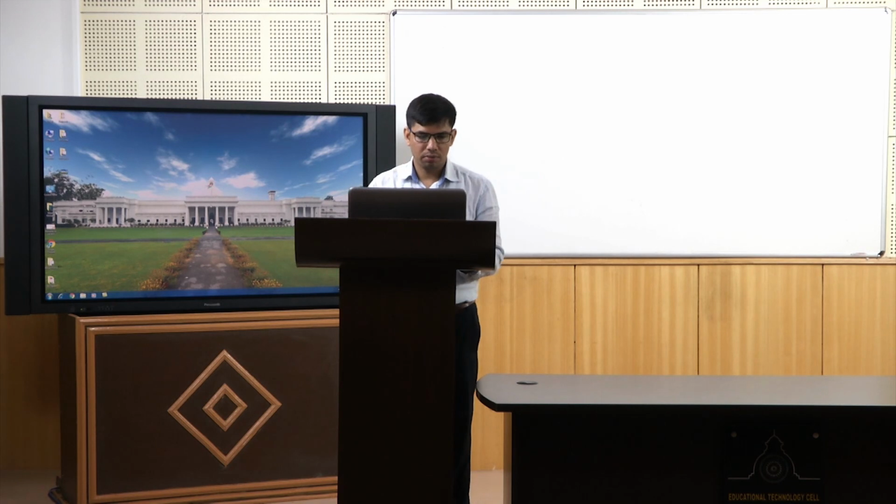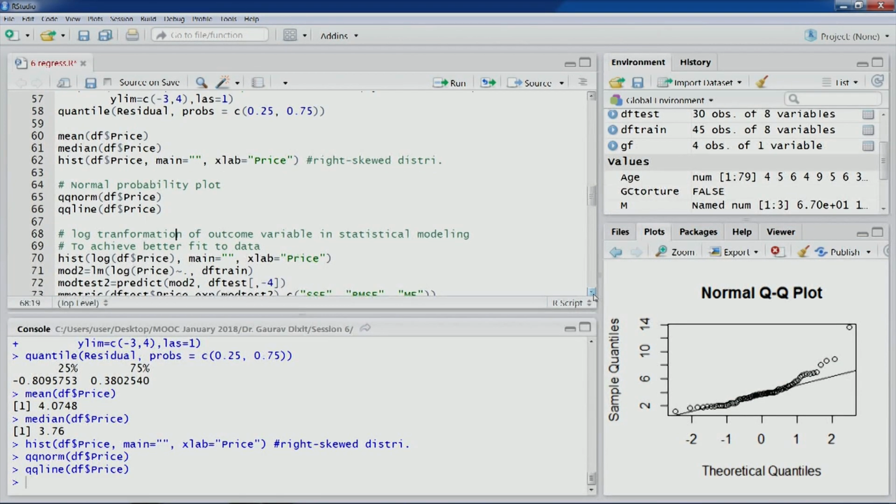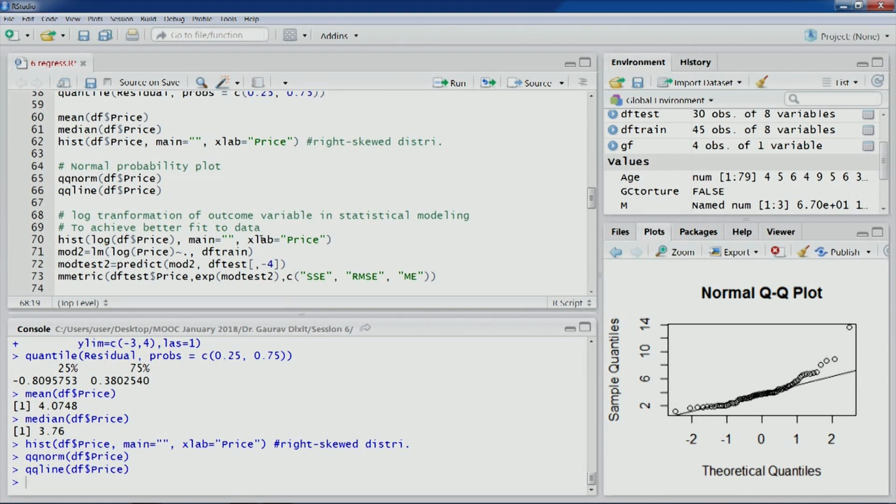So log transformation seems more suitable to make it look like a normal distribution. If we generate a histogram on log of df dollar price, we will see whether we are getting a normal distribution.